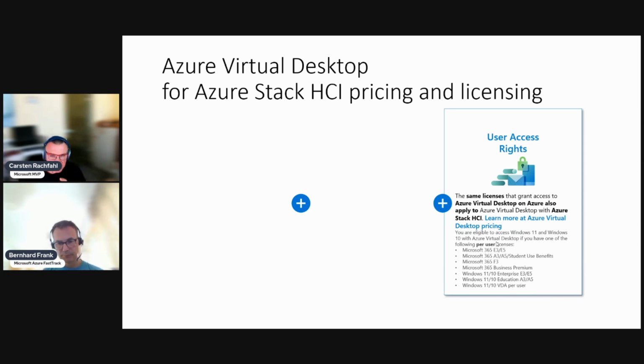Let me add something to the license here. What we need is the last point, the VDA per user license. But Microsoft has included this VDA license in many other bundles. So if you have, for example, Microsoft 365 Business Premium, I'm thinking about this license for me, it includes this VDA license.